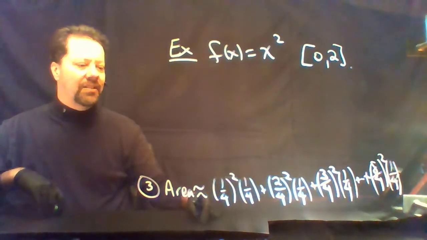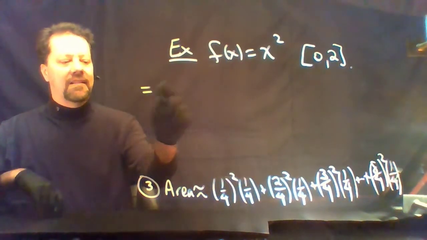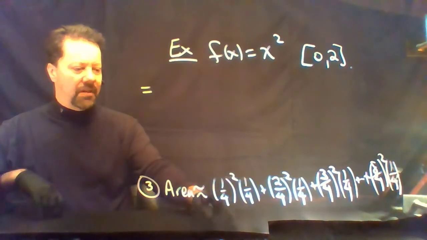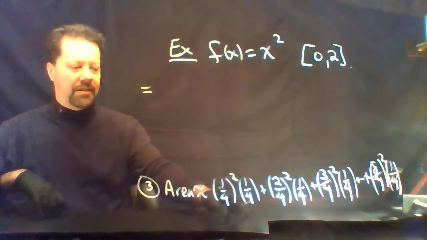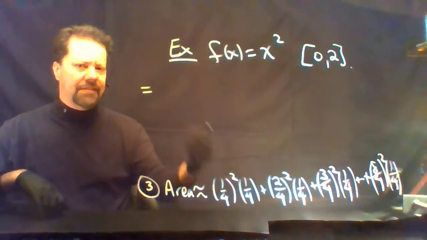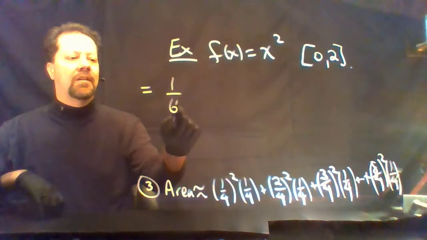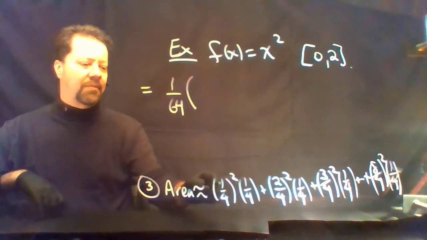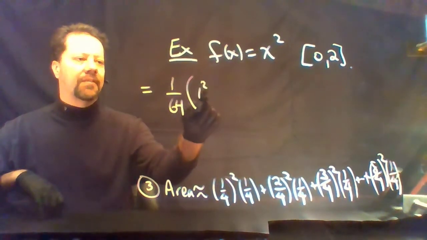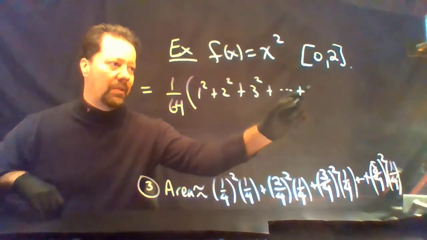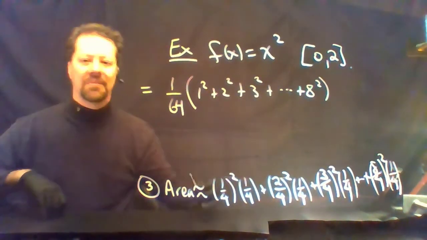Now, notice that this area can be estimated here. All of the denominators are going to be, let's see, we have a 4 squared and a 4. That gives us 4 cubed, which is 64. We can factor that out, and then we'll have 1 squared plus 2 squared plus 3 squared all the way down to 8 squared.